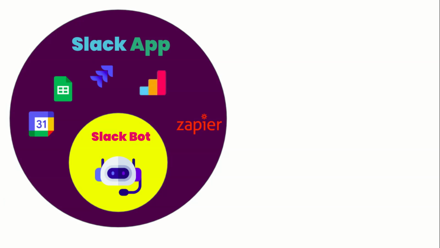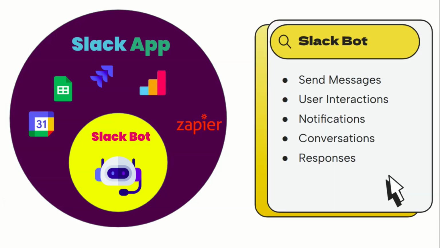But a Slack bot is something that is used as a way of communicating with your Slack app. The Slack bot will send you messages on behalf of your Slack app. It will be used for interaction with the users. It can send you notifications as well.